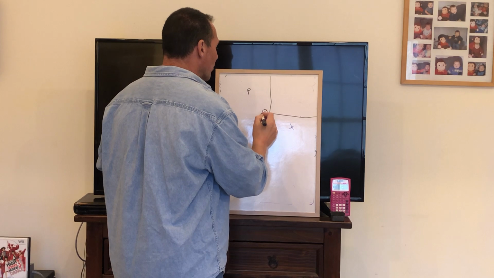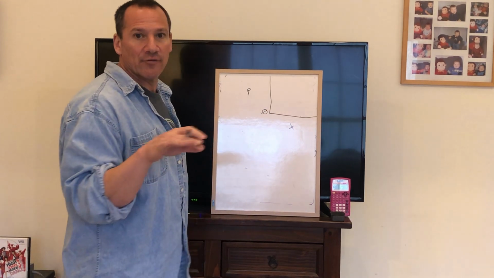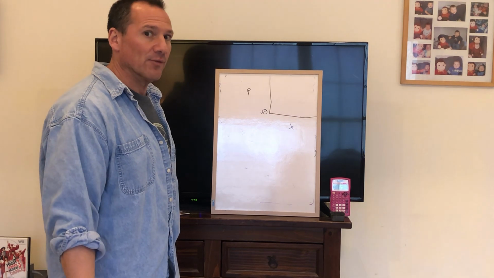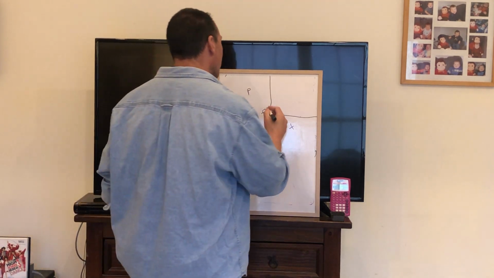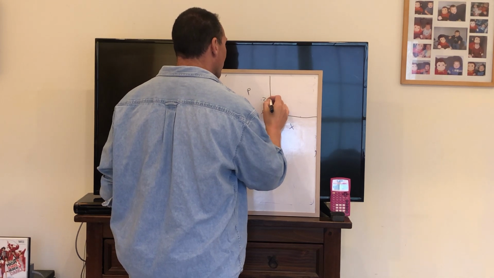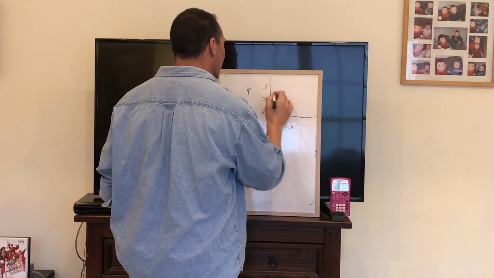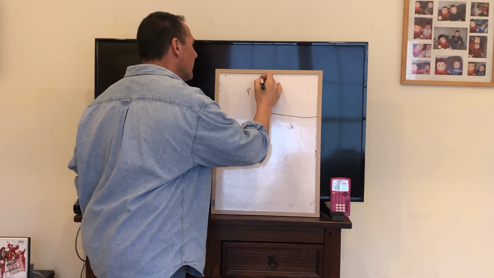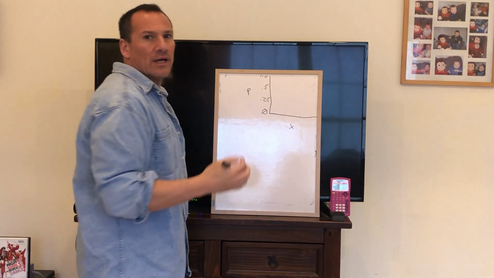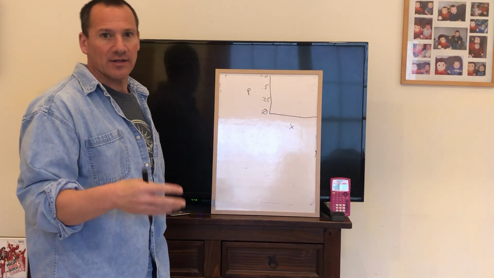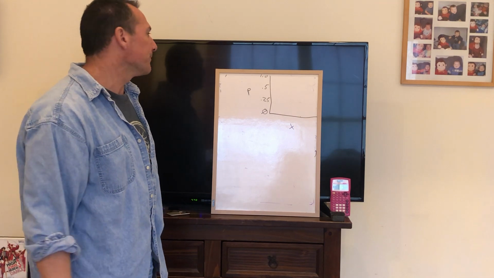Something that has 0 probability means it will never happen. Pigs flying, for instance, is probably a 0 probability. I'm going to put 0.25, I'm going to put 0.5, and 1.0. If something has a probability of 1.0, that means it is definitely going to happen.